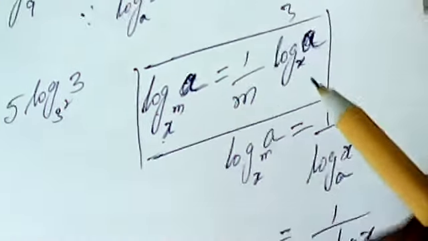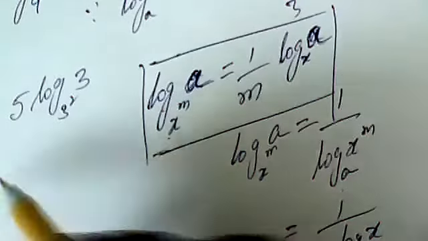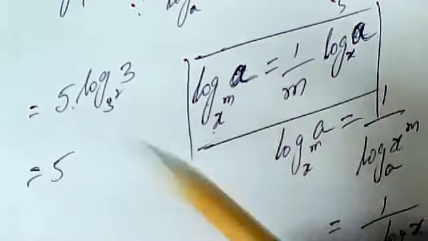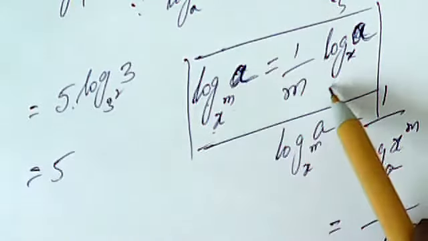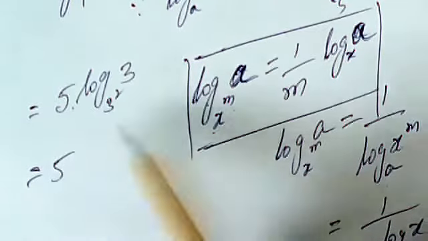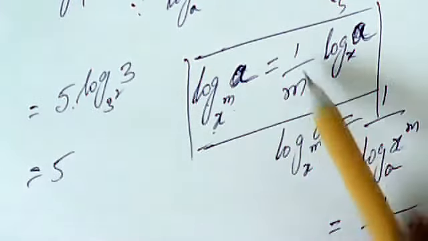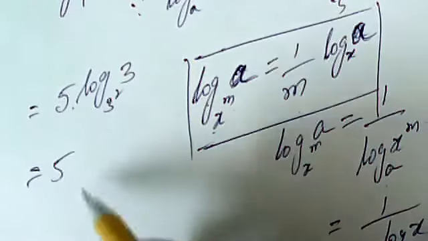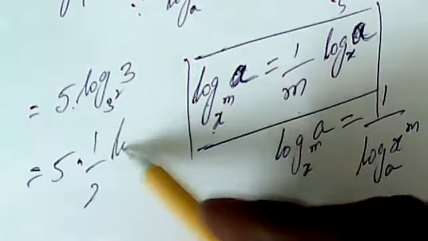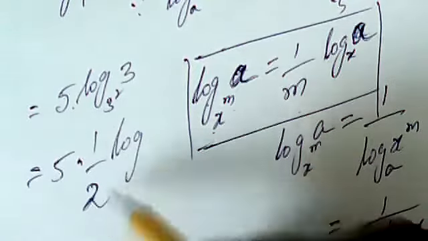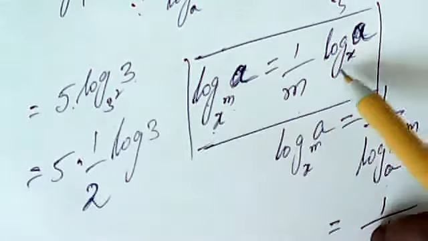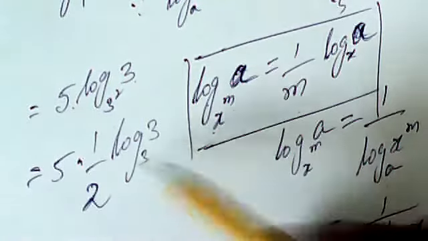So what we have here is 5 as it is. Now we apply this formula to this: log a is 3, x is also 3 and m is 2. So 1 upon m means 1 by 2. Log a, that is a is 3, base x is 3 only.